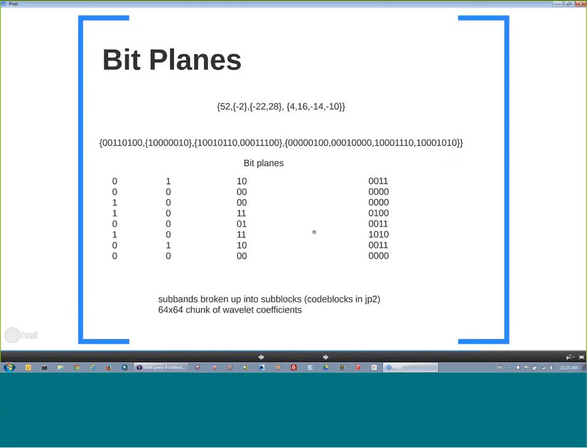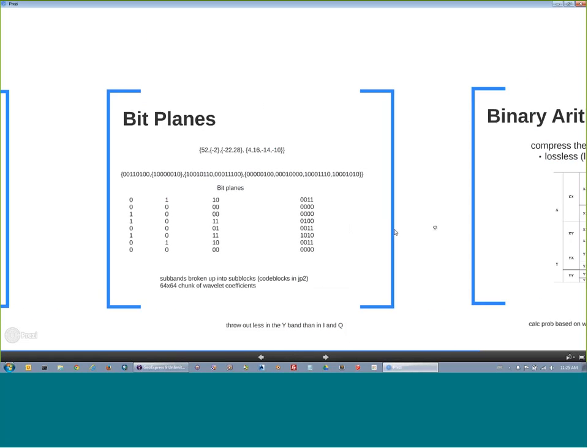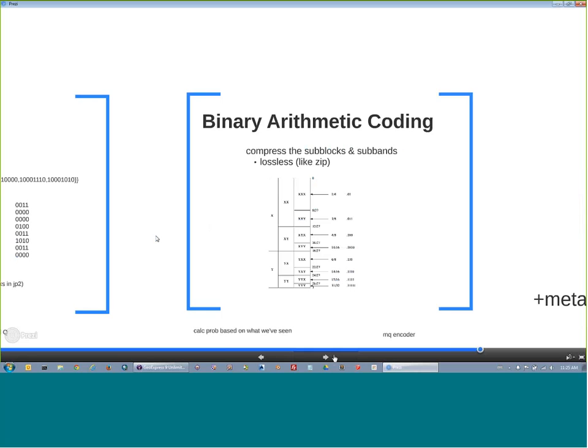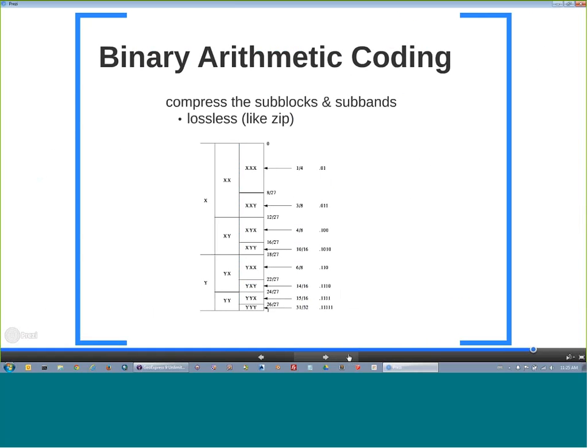But before we do that, I want to point out one more thing that we do, and just briefly talk about this. And that is we go through binary arithmetic coding. I won't get into the details of this unless you start asking questions about it. But essentially, we're going to compress those subblocks and subbands using a lossless compression. It's just like zip.